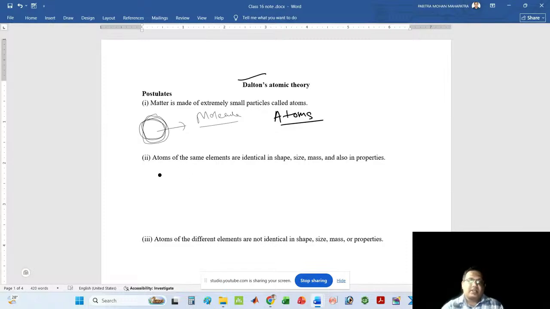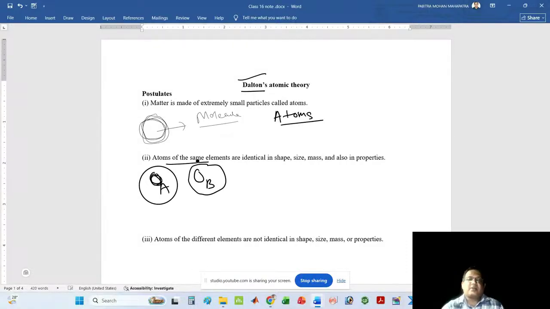Suppose I take oxygen atom A and oxygen atom B. According to Dalton, the shape, size, mass, and also property of oxygen atom A is the same as the shape, size, mass, and property of oxygen atom B. Property means chemical and physical property of the atom.